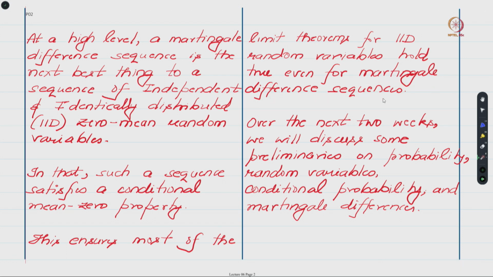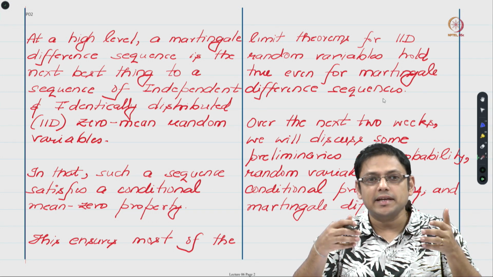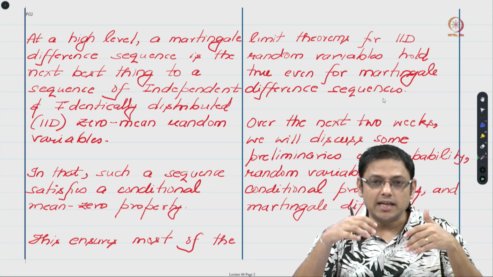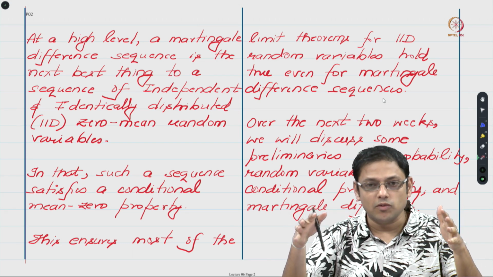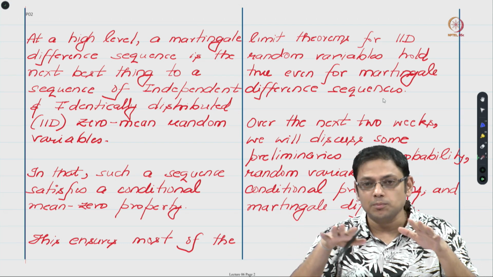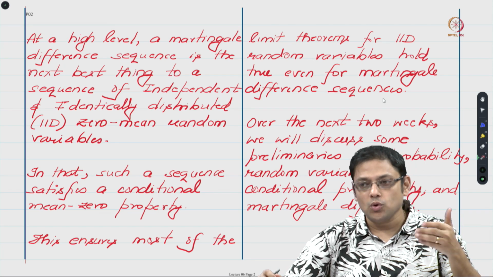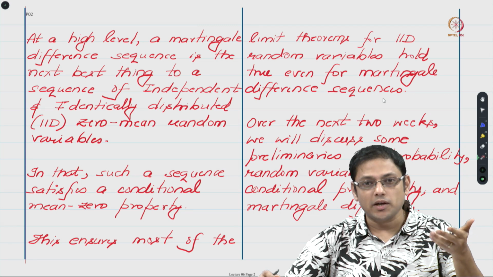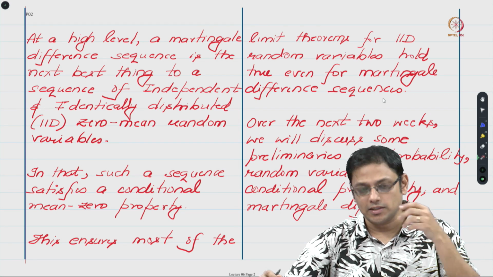So in short, you can view this martingale difference sequence as the next best thing to independent and identically distributed zero mean random variables, and that is very helpful because we can work in a very generalized setup without restricting ourselves to the noise being independent. At the same time, we can also rely on standard limit theorems that apply for independent and identically distributed random variables to hold for these martingale difference sequences.